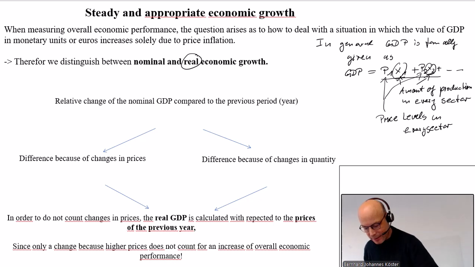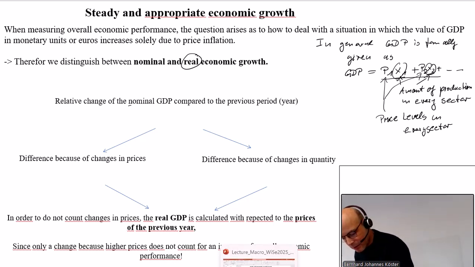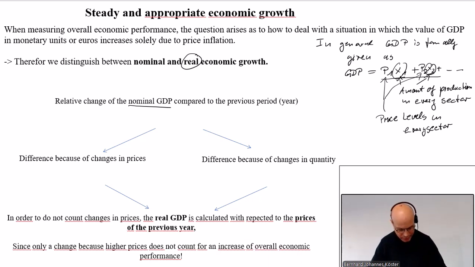And this would mean this nominal GDP can change via two possibilities. One possibility is that our amount of production is changing.